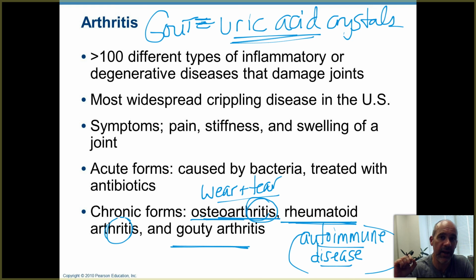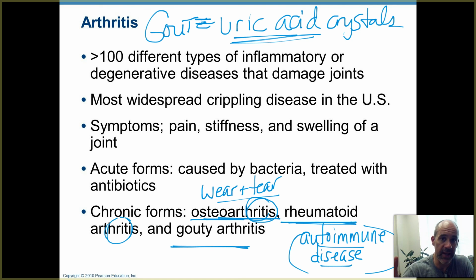Kind of like if you had a glass of salt water sitting out in your kitchen and you let the water evaporate out, you know what's going to happen? You're going to come back and see crystals of sodium chloride in that glass as the water levels get lower and lower. Same thing with uric acid. As the uric acid concentrates in your synovial fluids, it can actually form crystals.